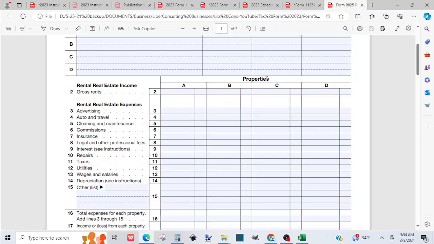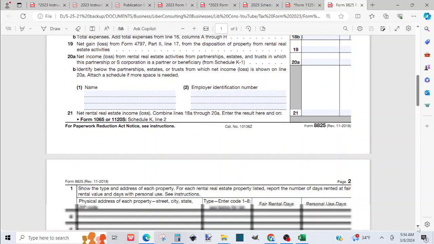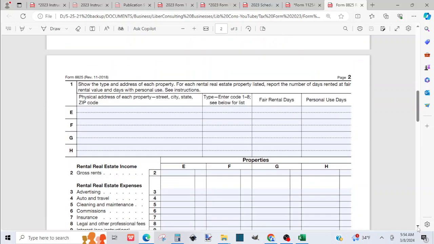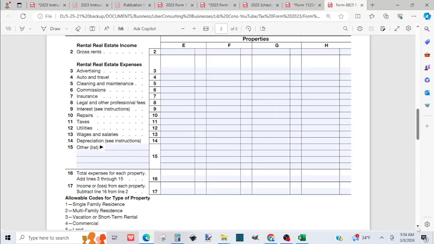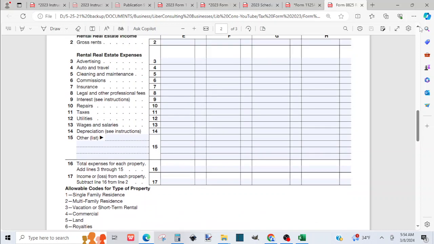For rental property on Form 8825, they have the rent for the revenue portion, and then they have the expenses portion as well for all your expenses to go on, and the profit or loss will go on line 16 from line 2.